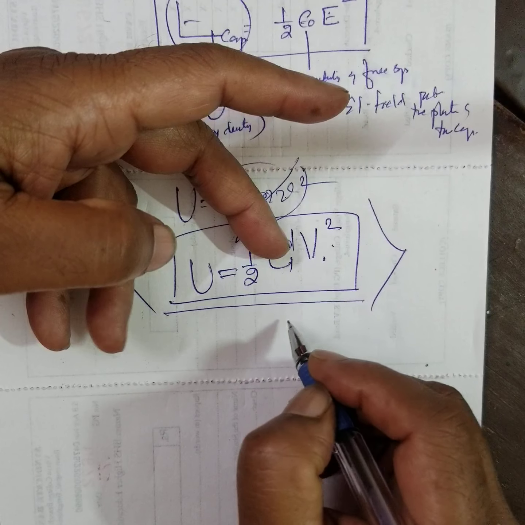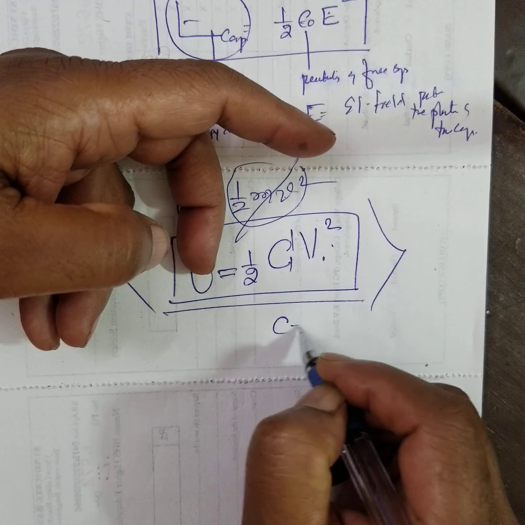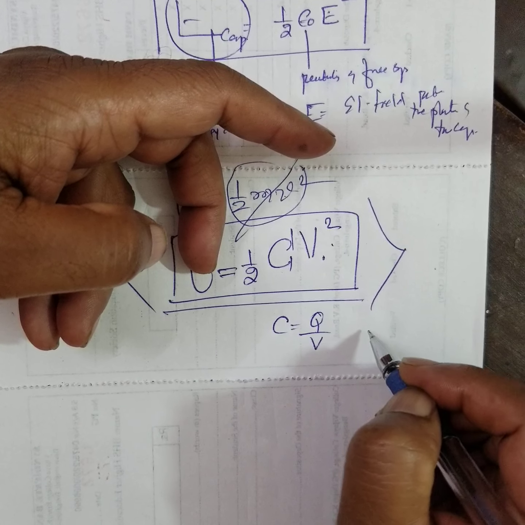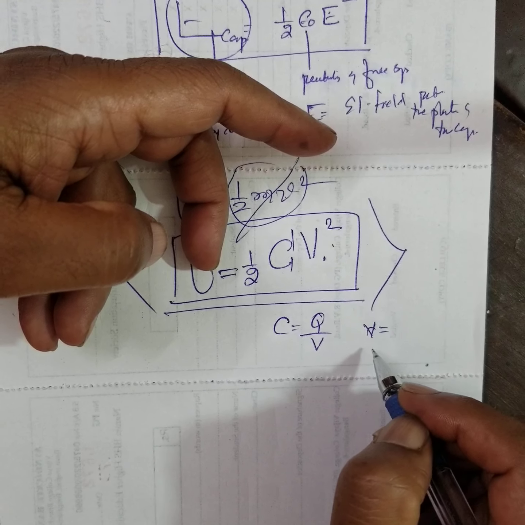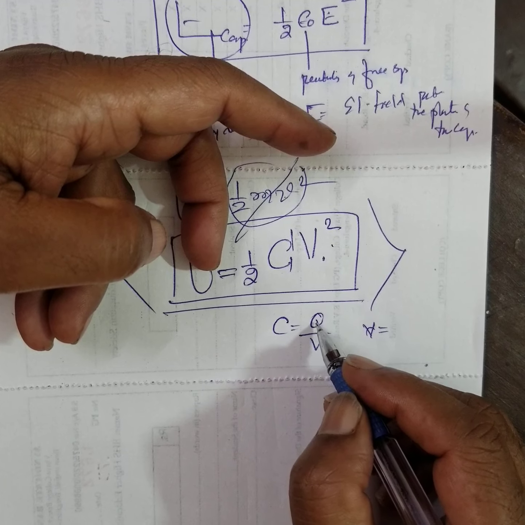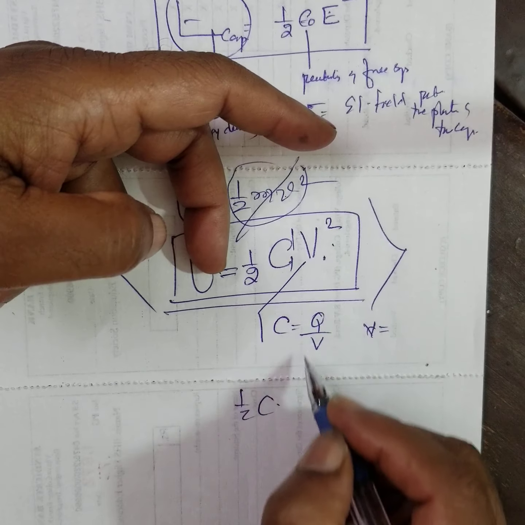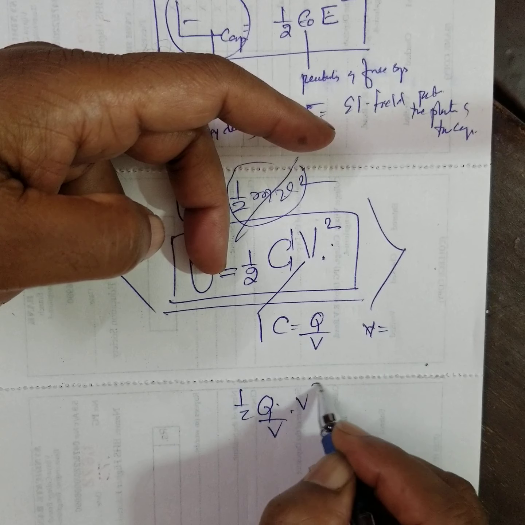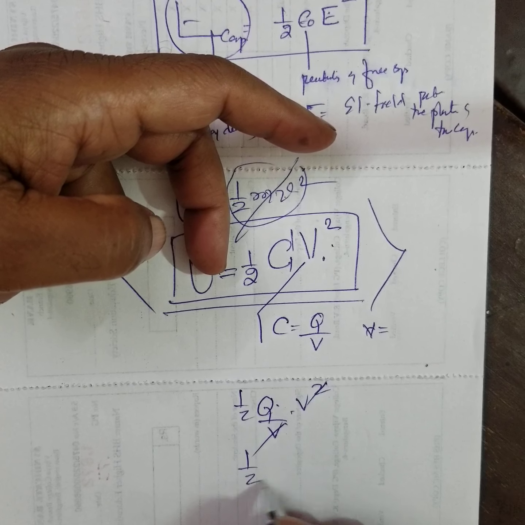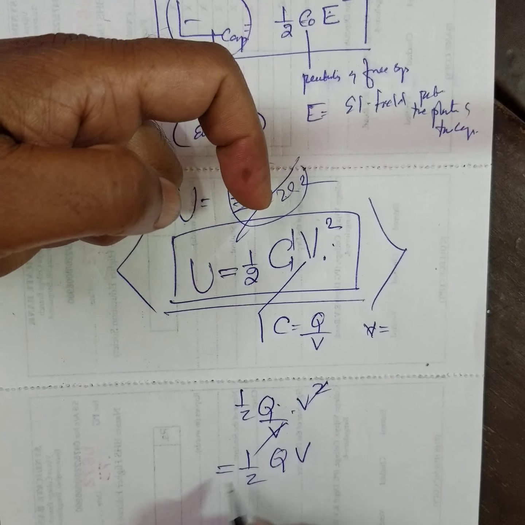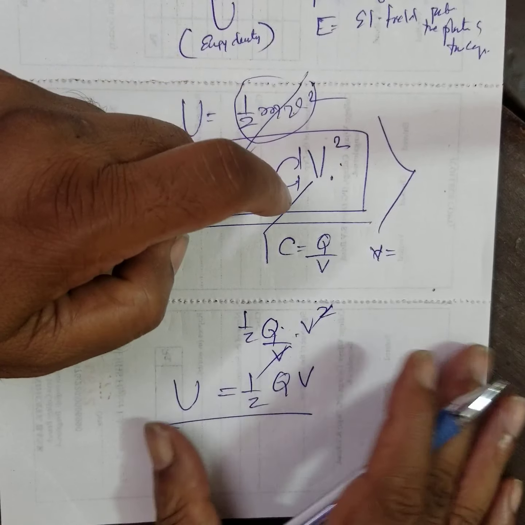Since C is equal to Q by V, half C V square becomes half Q V, as V square gets cancelled. So there are different possibilities.